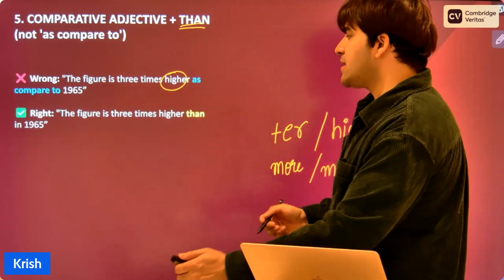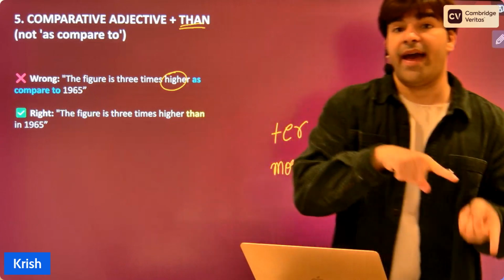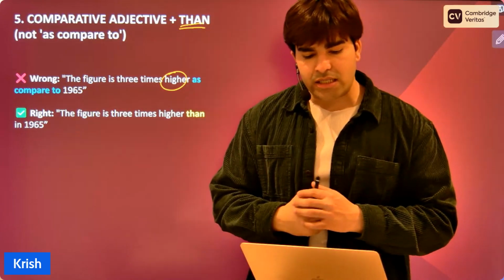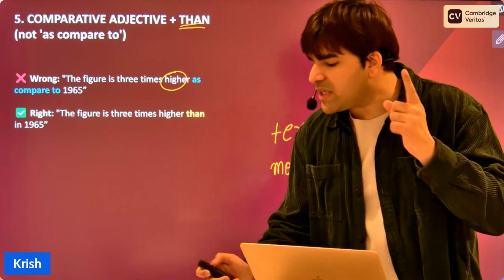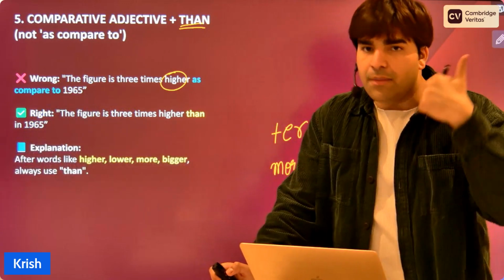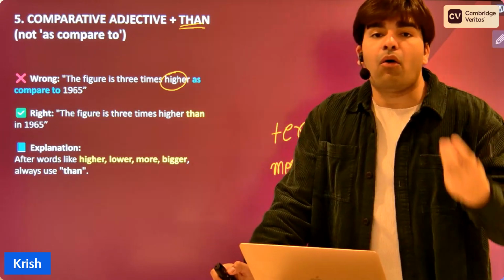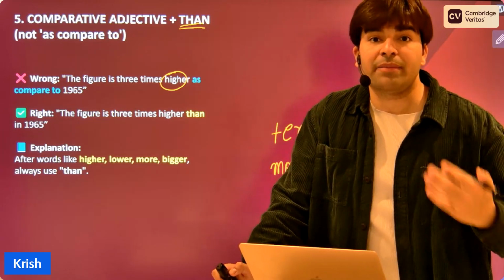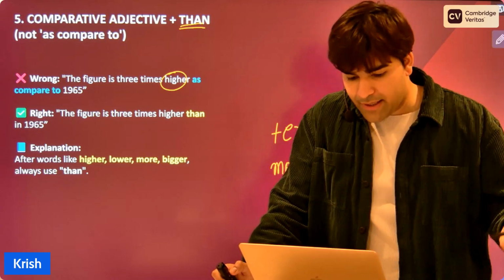So the correct sentence is the figure is 3 times higher than 1965. So the next time you see words like higher, lower, more, bigger, they're all comparative adjectives. We call them comparatives. And with them, we always use than.